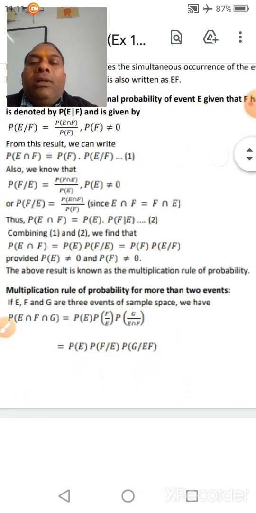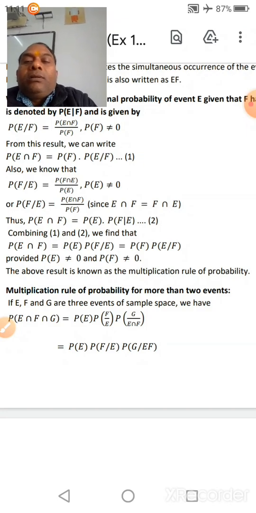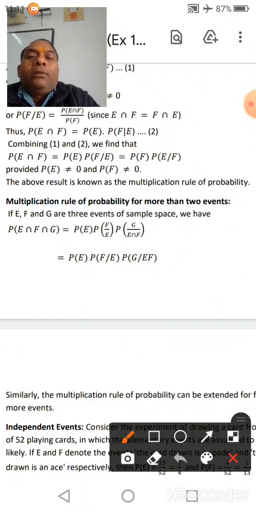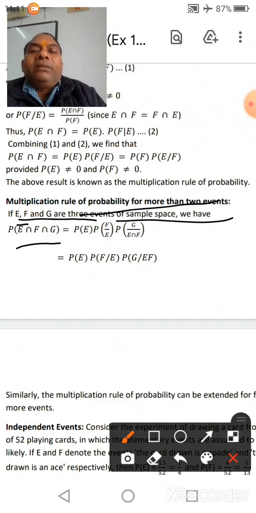Now, multiplication rule of probability for more than two events. So, for more than two events, if E, F, G are three events of a sample space, we have P(E intersection F intersection G) = P(E) × P(F|E) × P(G|E intersection F).